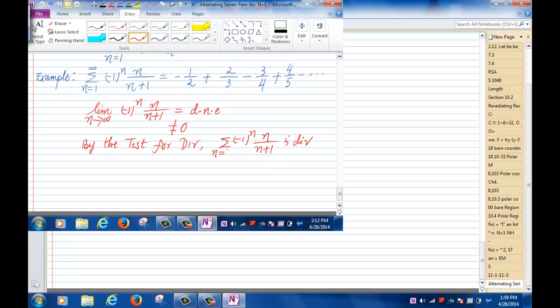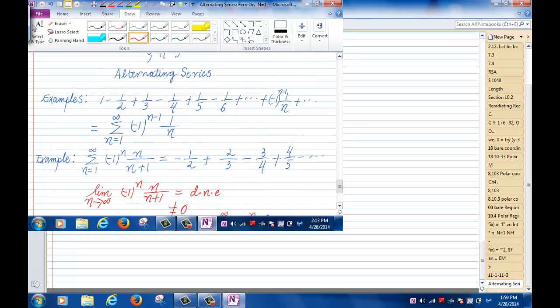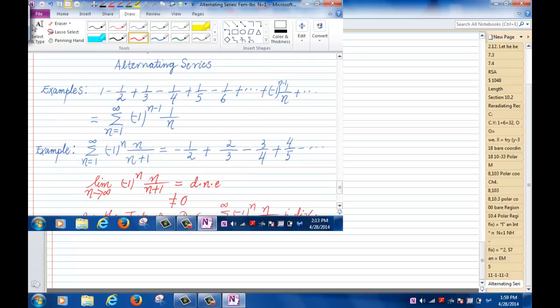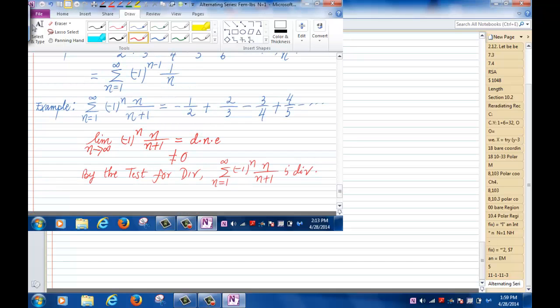Everybody's okay with that? What is my point? My point is I have two alternating series here. The first one I said is convergent. The second one I said is divergent. So just because you have an alternating series doesn't mean it is always convergent or always divergent. There are some alternating series which are convergent and some which are not.